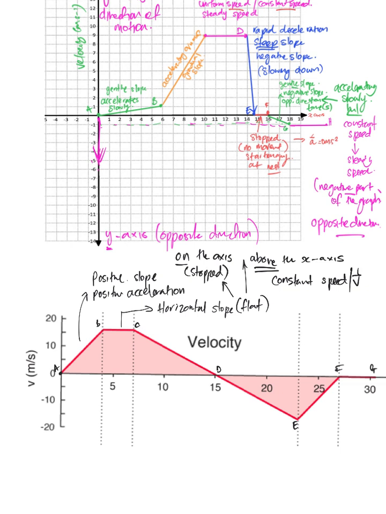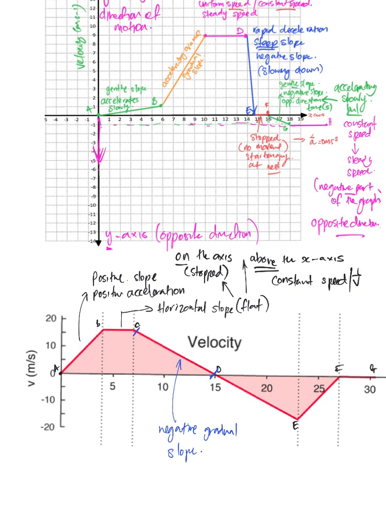Then from C to D, right? What happens from C to D and then D to E? From C to D, if I'm looking at this graph, I've got a slope, a gentle slope, but a negative gradual slope.